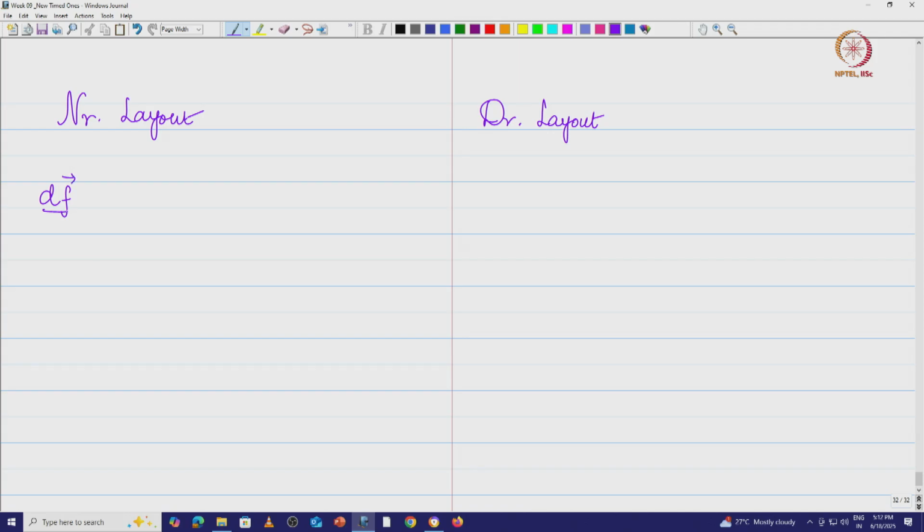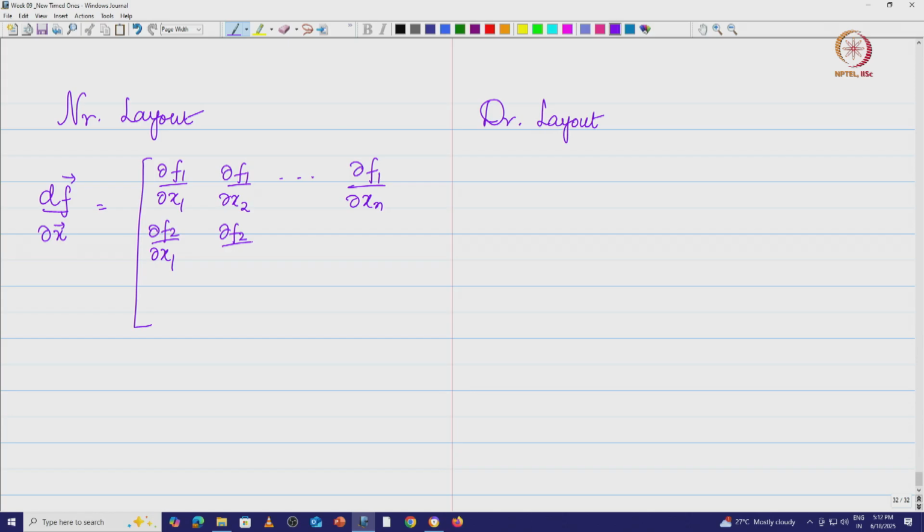You have the function outputting a vector and the input is also a vector. So, I am going to have dou f1 by dou x1, dou f1 by dou x2, and so on, dou f1 by dou xn, and the second row is dou f2 by dou x1, dou f2.